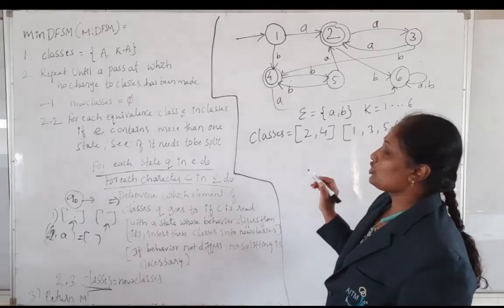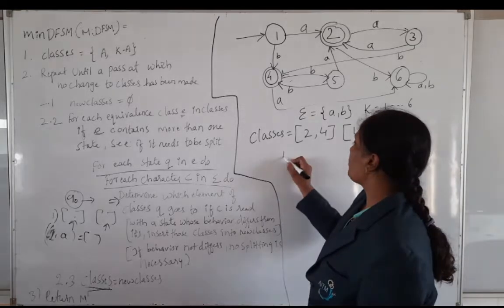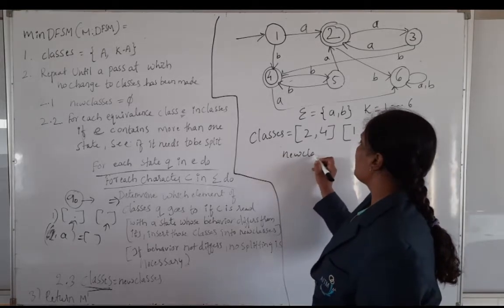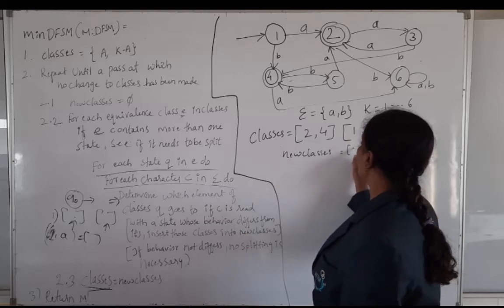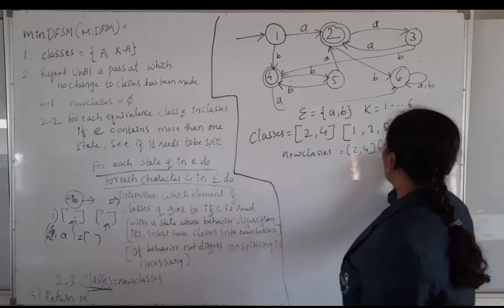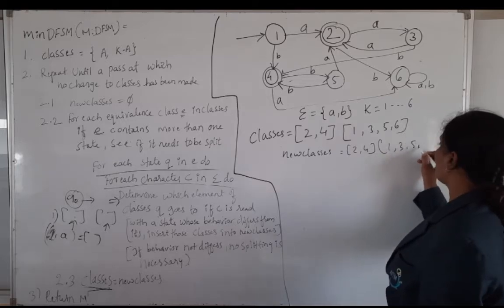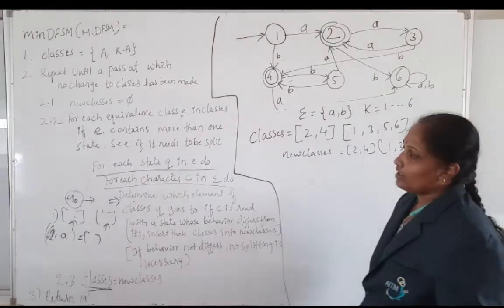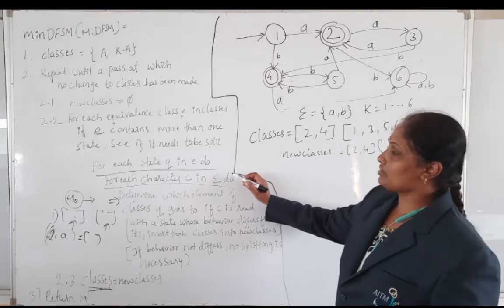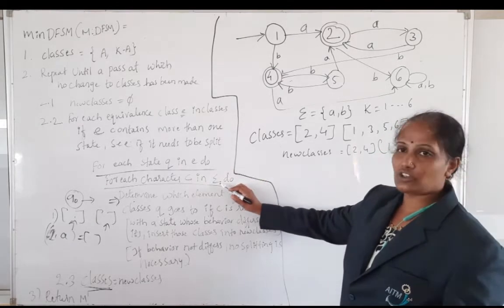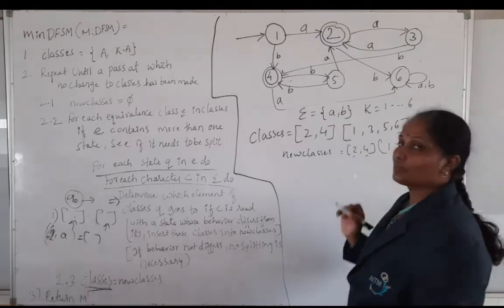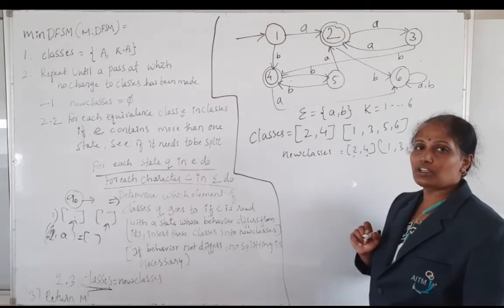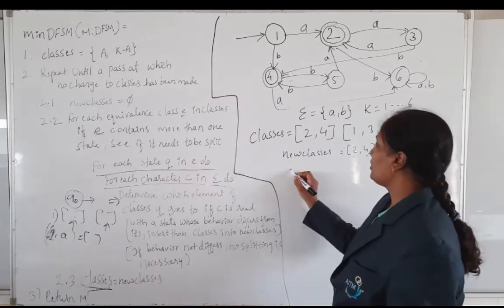Before that, I should introduce new classes. The new classes are 2, 4 and 1, 3, 5, 6. Next, I should find the transitions for each state for each character here.